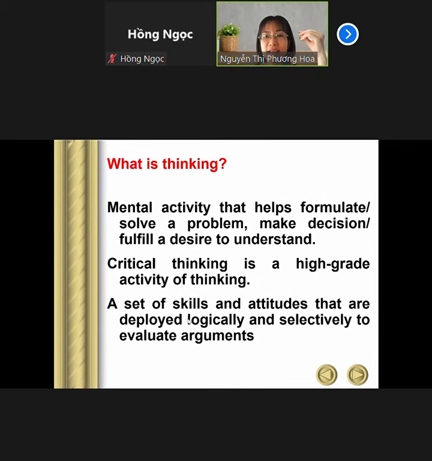This is a set of skills and sometimes also attitudes that logically and selectively evaluate arguments. So that is why critical thinking helps us to view the issues from different angles, evaluating arguments logically and selectively from different sides.